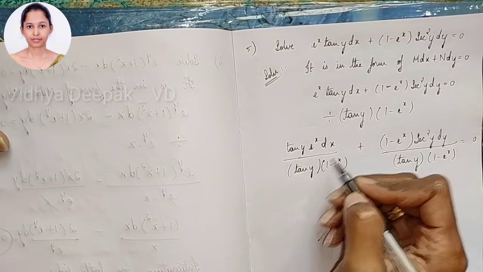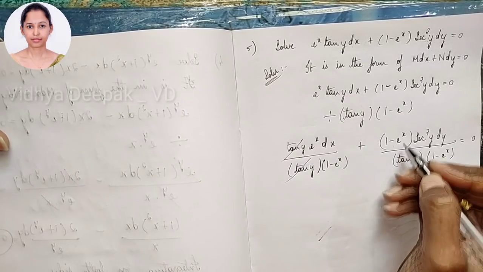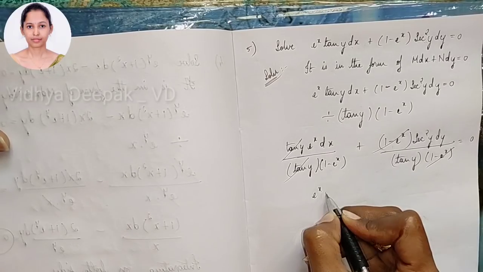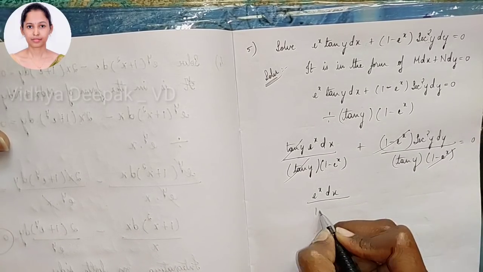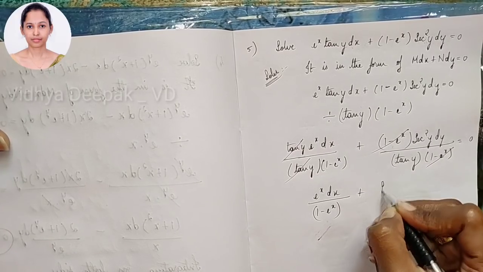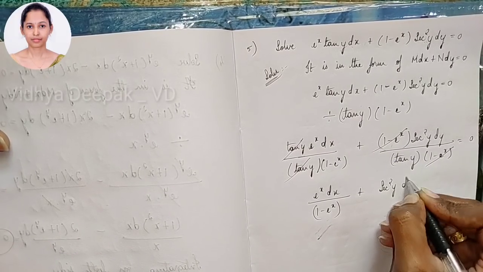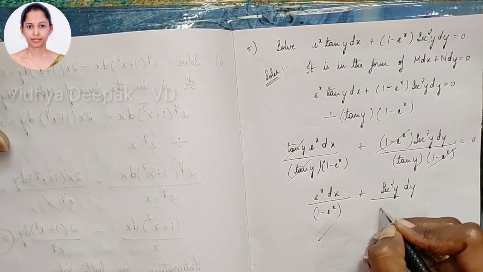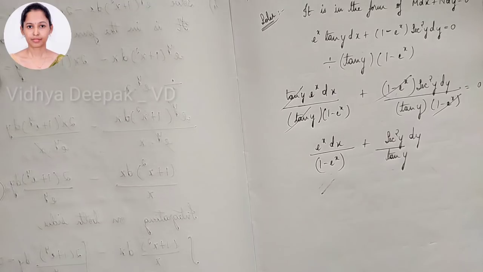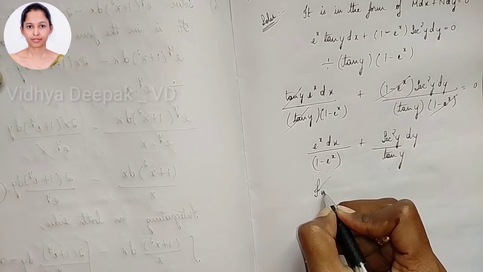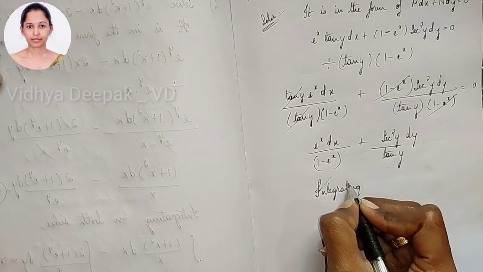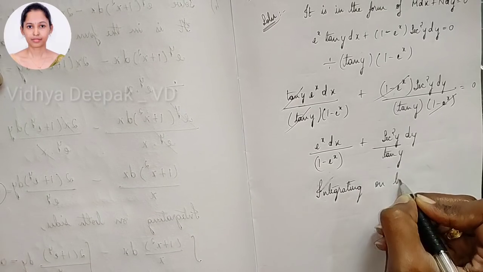So here tan y gets cancelled. Here 1 minus e power x gets cancelled. So remaining is e power x dx divided by 1 minus e power x plus, here what's remaining? Secant square y dy divided by tan y. So now our next step is to integrate on both sides, right? Integrating on both sides.